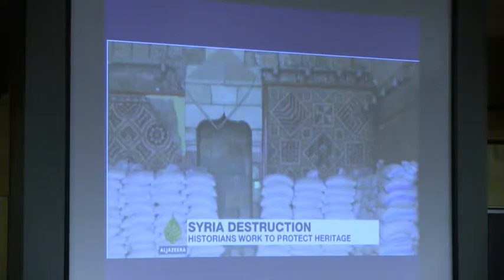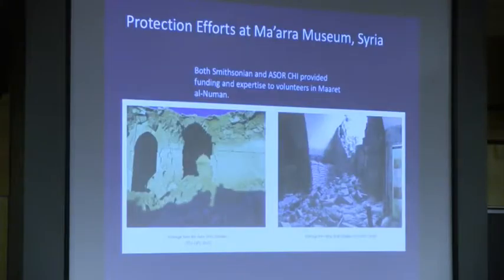In early 2015, the Smithsonian actually went over and trained them how to put sandbags up to protect the mosaics. And when a bombing came, the sandbags actually worked. So the mosaics were protected.